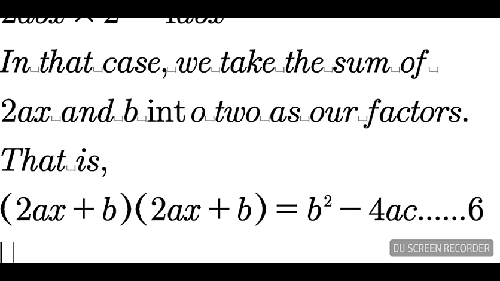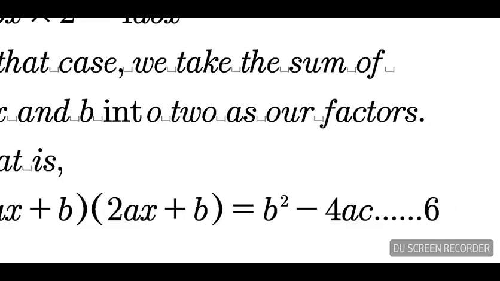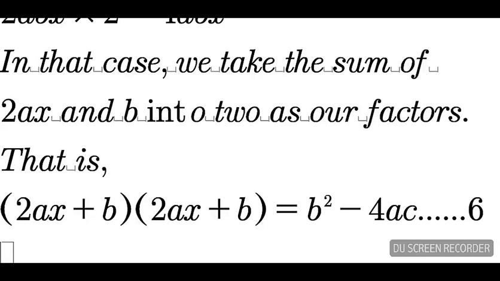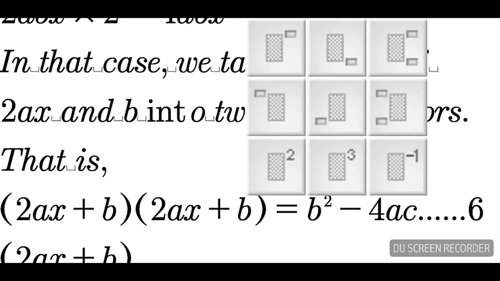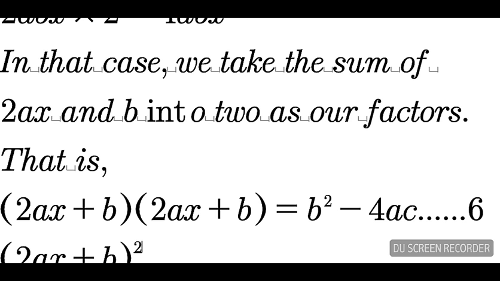So that gives me 2ax plus b raised to the power 2 equal to b squared minus 4ac. Let's call this equation 7.